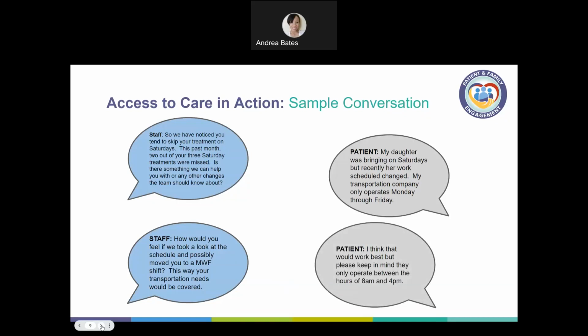This is a conversation that I believe many social workers and other staff, but mainly social workers, have been involved in a lot. A patient can only come TTS, say, for scheduling reasons, but their company only transports Monday through Friday, and as we know, sometimes transportation can be limited.